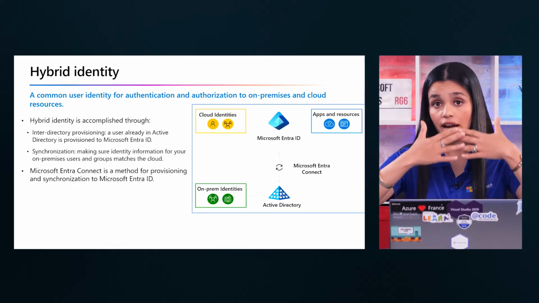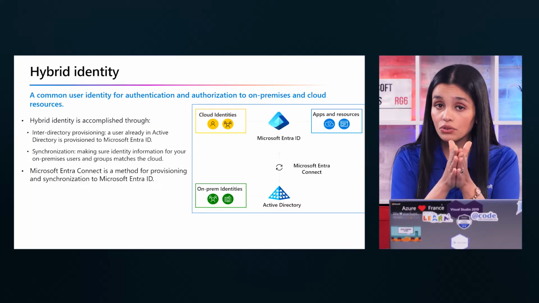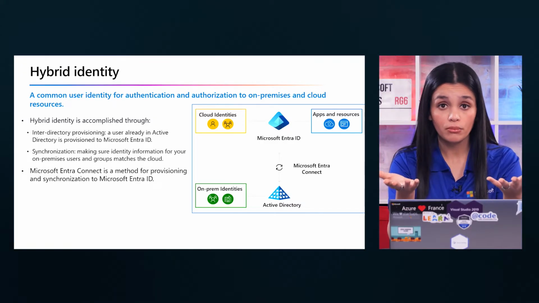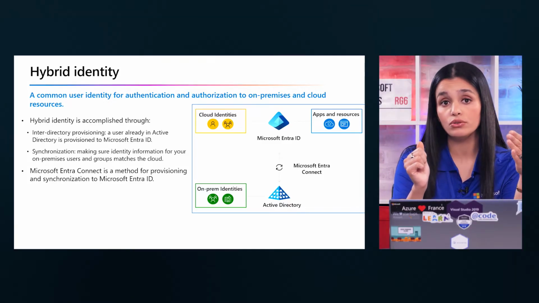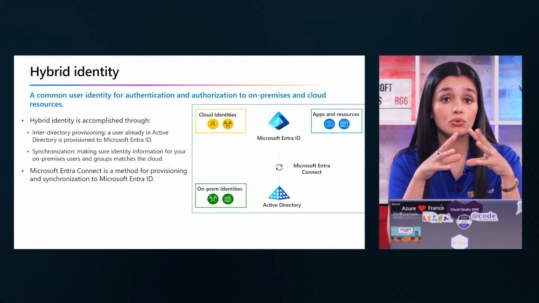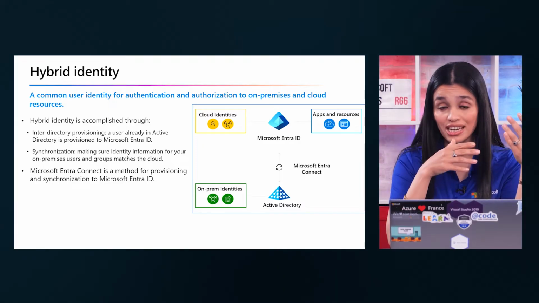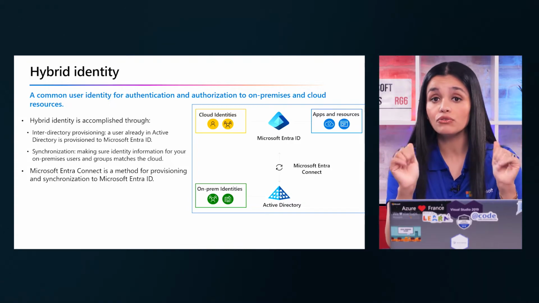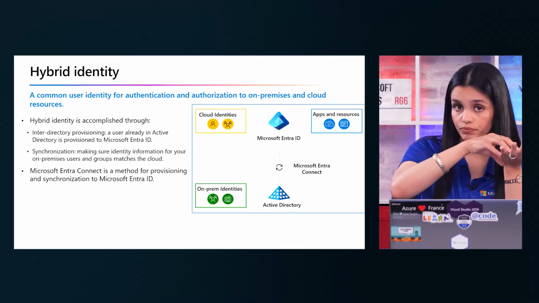Now, directory provisioning is provisioning identity between two different directories or directory service systems. For a hybrid environment, the most common scenario for directory provisioning is when a user already in Microsoft Active Directory is provisioned into Microsoft Entra ID, while the synchronization is responsible for making sure identity information for your on-prem users and groups is matching the cloud.